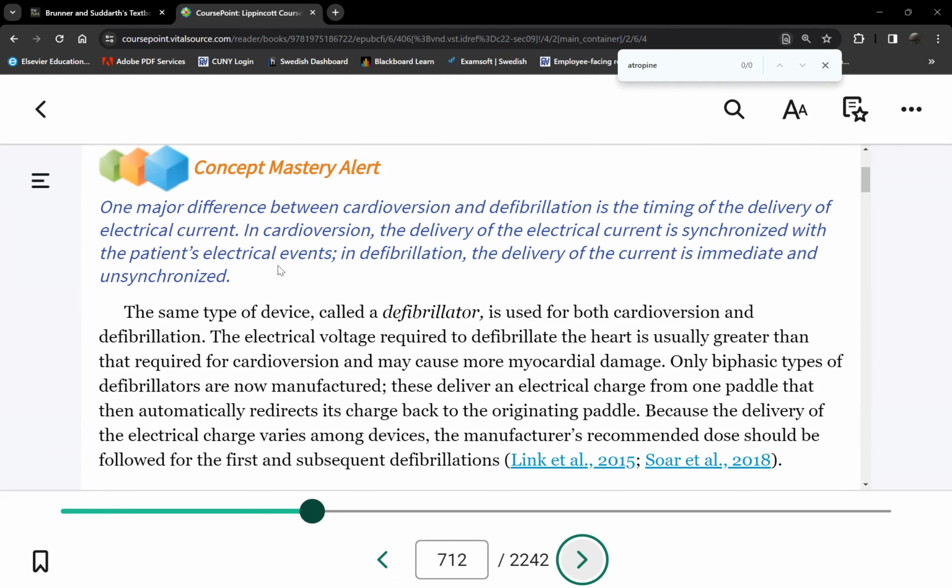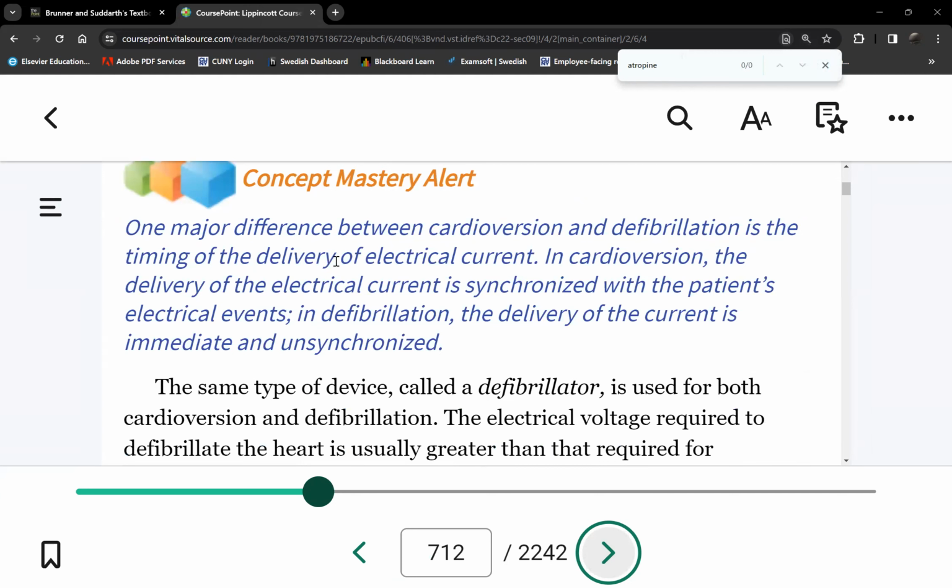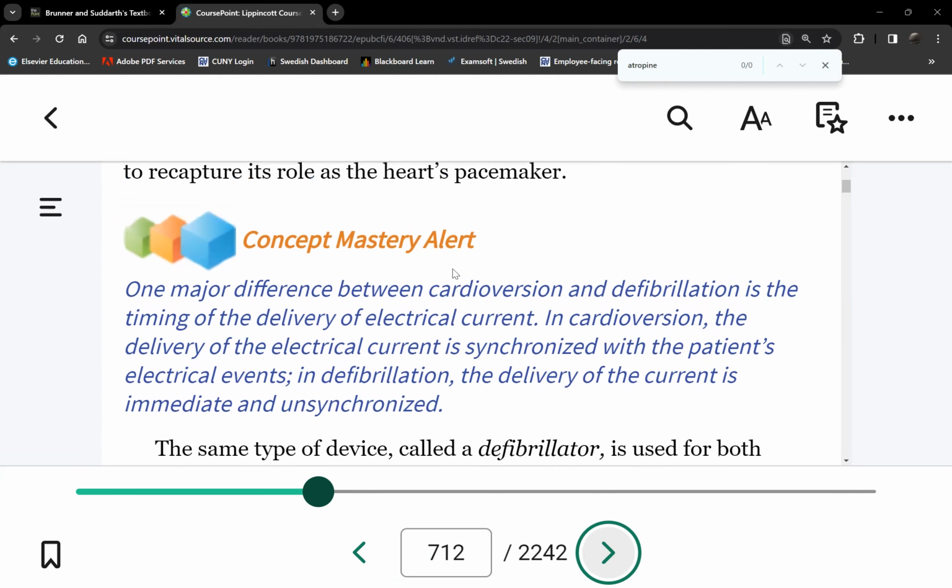So here's one major difference: the timing of the delivery. In defibrillation, when is the electric shock given? On activation of the button. So once you press the button, the electrical shock will be delivered immediately.